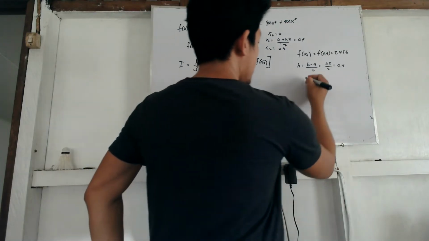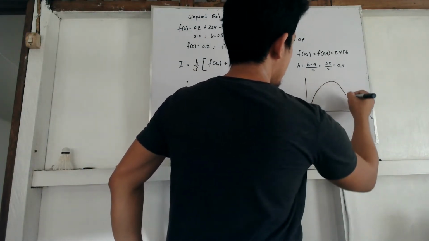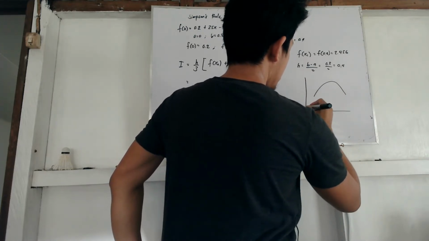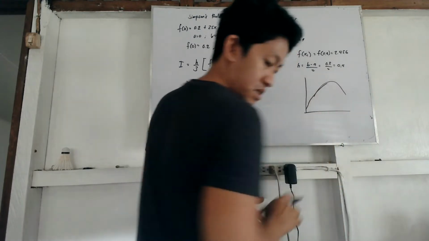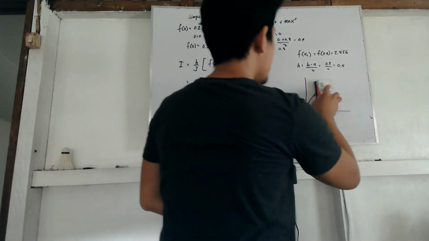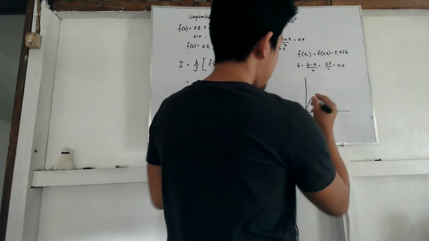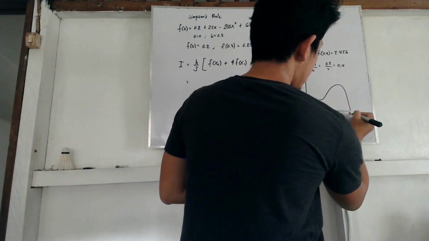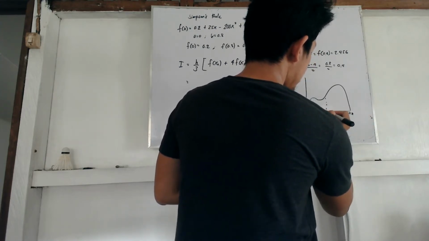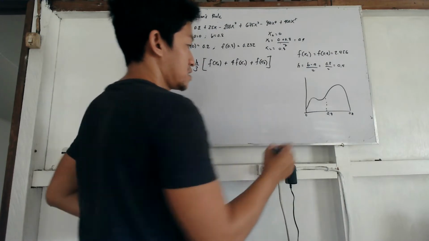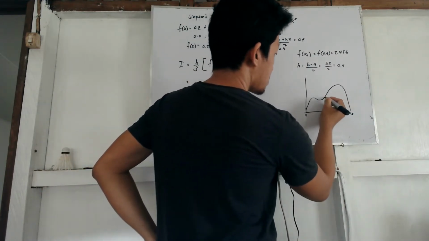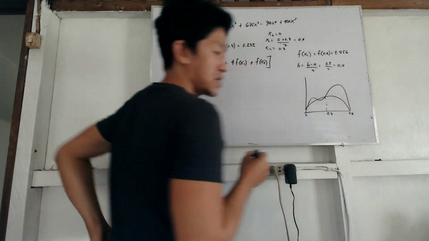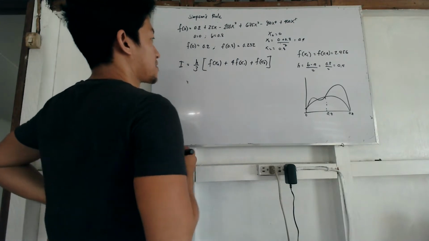So if this is our graph, with 0.8 and the middle value 0.4, we will try to plug in a second degree curve.